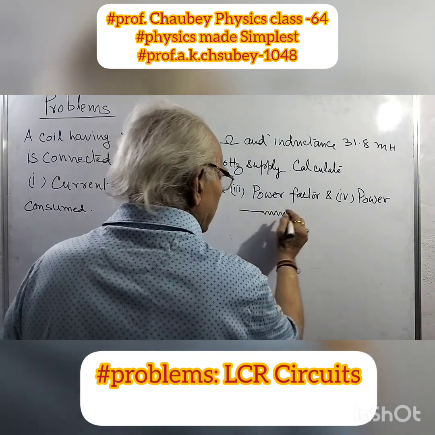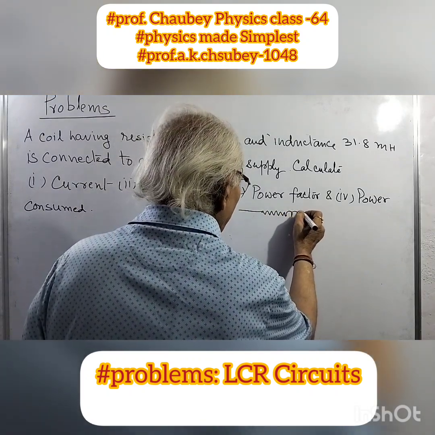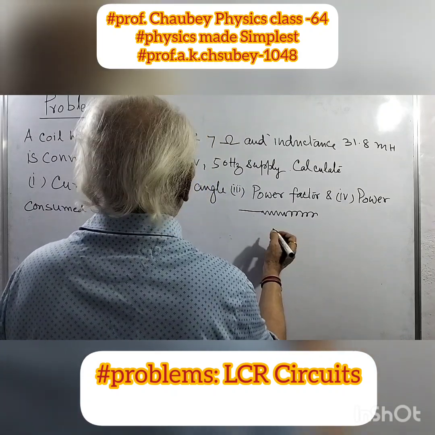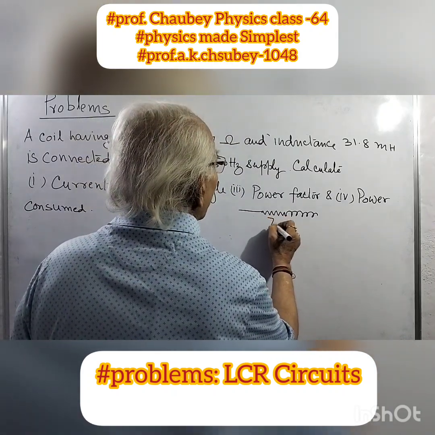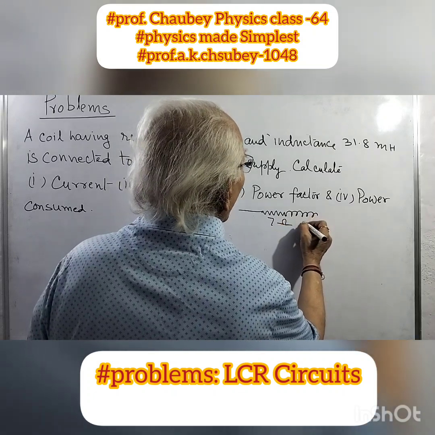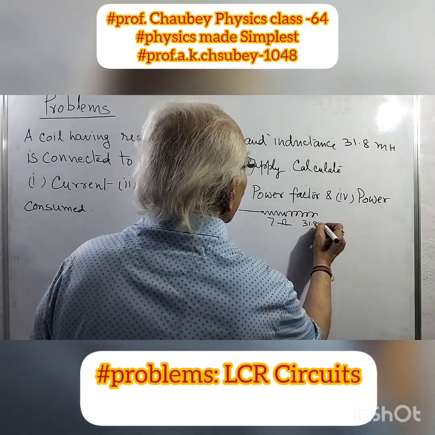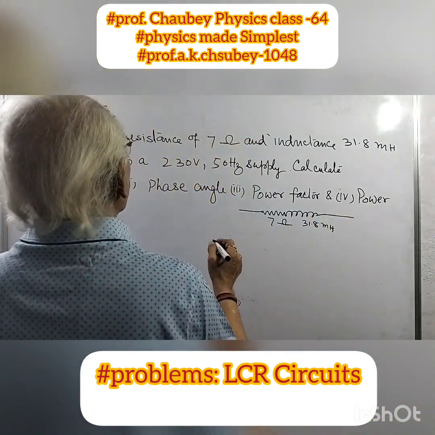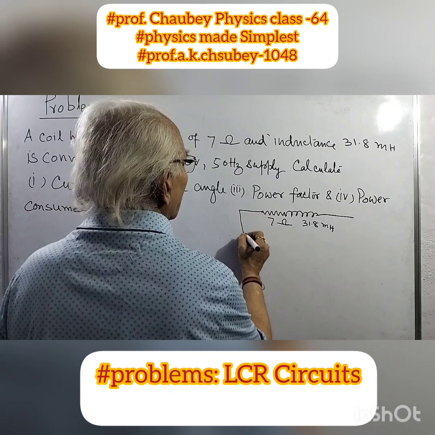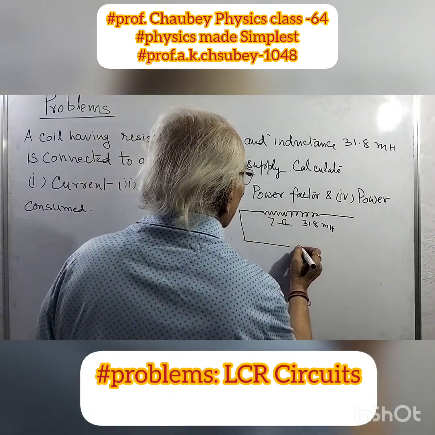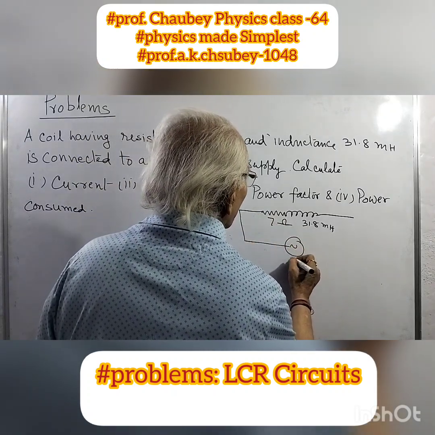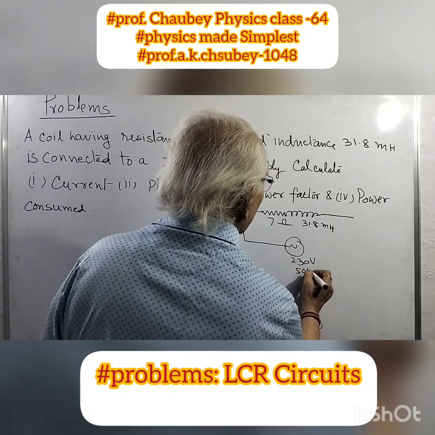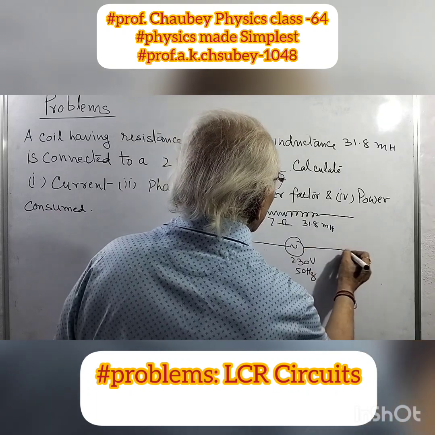This is not a separate resistance. The resistance of the coil means it is an RL circuit. So this is a 7 ohm resistance and this coil is 31.8 millihenry, connected to a source of 230 volt and 50 hertz frequency.